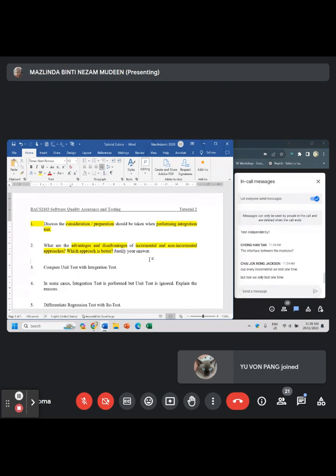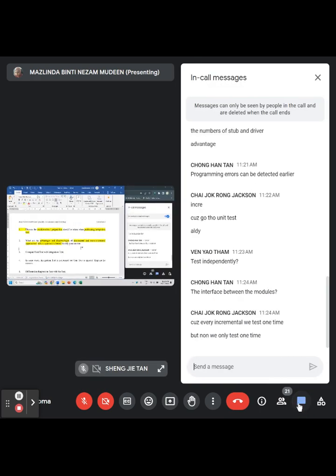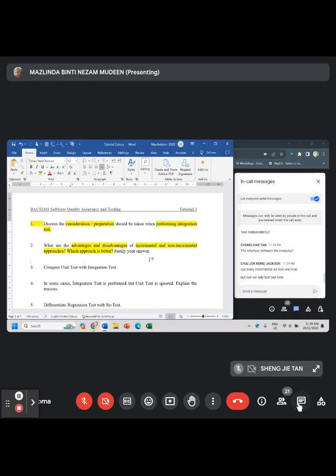But when it comes to non-incremental approach, there is no small integration because every module will be tested individually and all these six modules will be combined together as a whole system. So when we identify the programming defect, that is at a complex level, from the whole system.